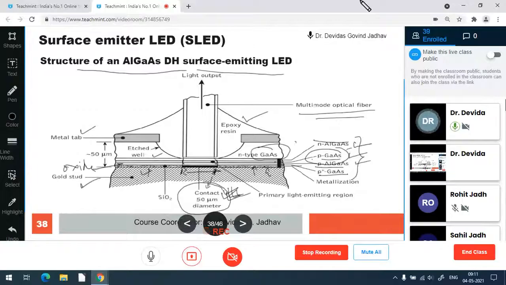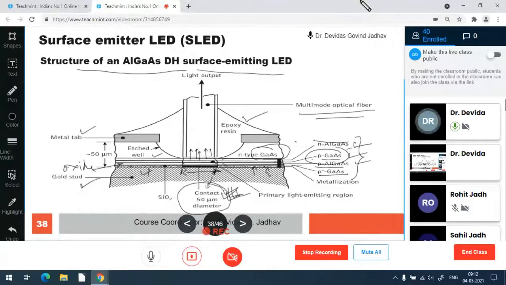So the photon can get emitted in this direction. This confinement layer stops photons from going to the other side, but it is transparent, and they can pass the photons generated in the active layer. In this case, the surface emitter case.